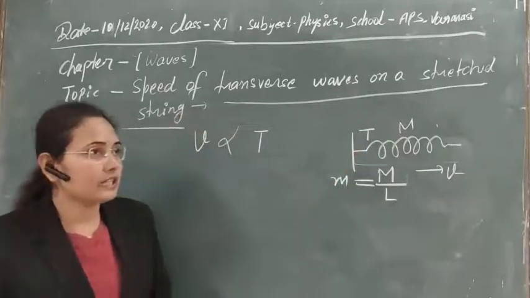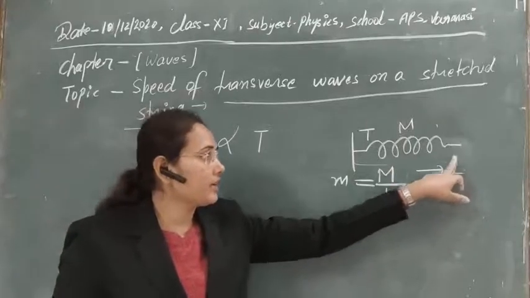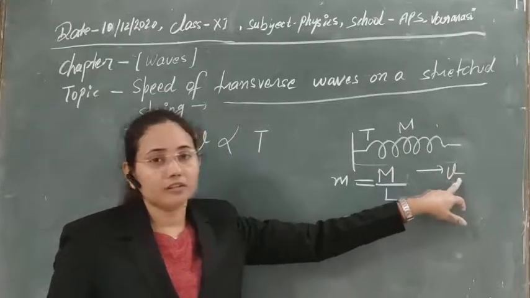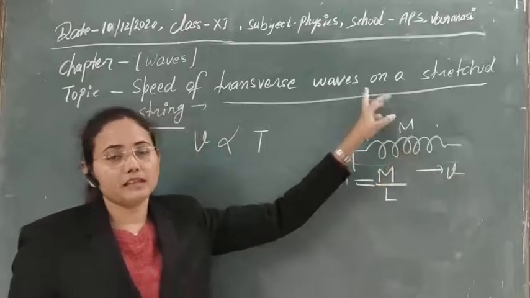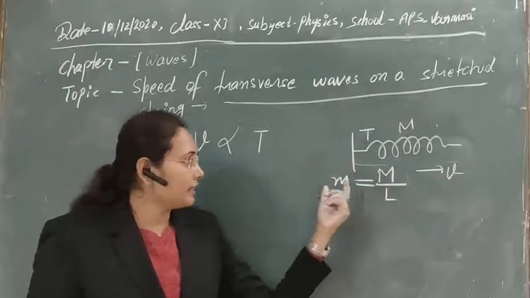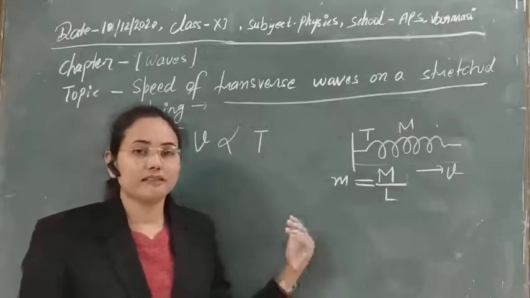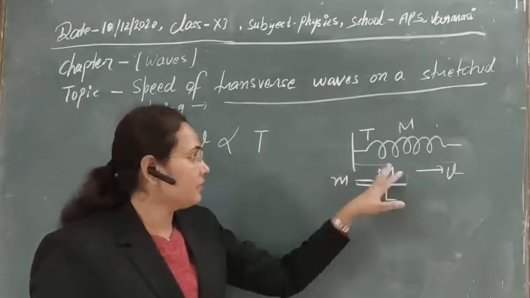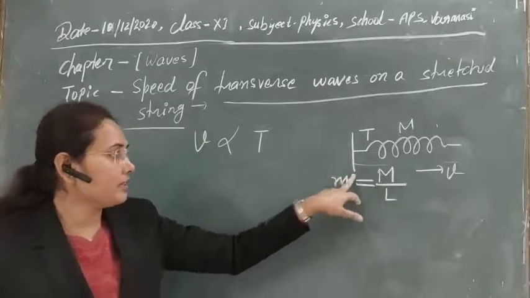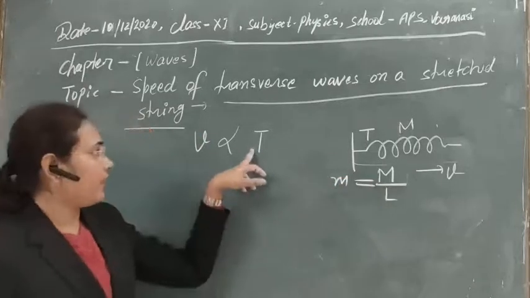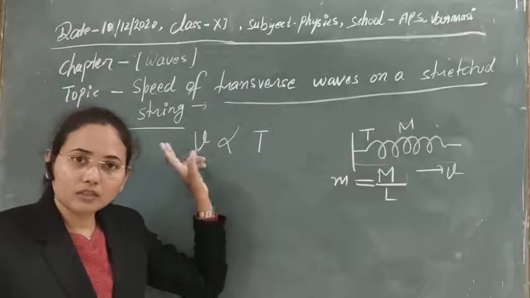So it has been seen that the velocity of the transverse wave produced in any stressed spring is proportional, not directly or inversely, we will see that later, but still proportional to the linear mass density and the tension. It depends on these two factors.